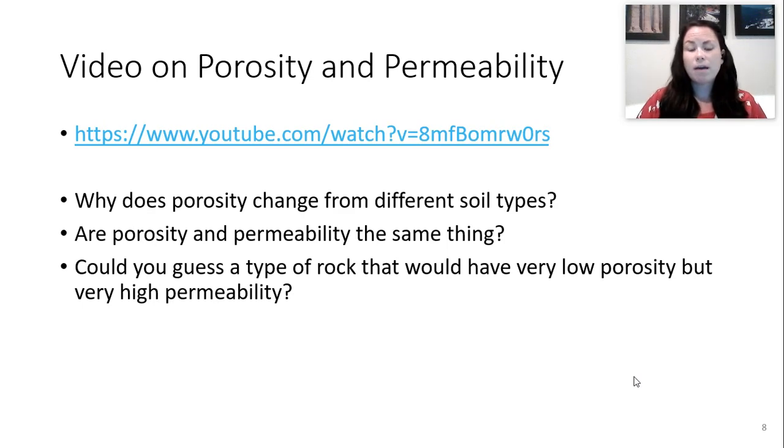So something that would have a lot of permeability but not so much porosity would be a rock that has a lot of natural fractures or a lot of natural joints. The rock itself may not have a lot of flow between the grains, but between different components of the rock there would be fractures or joints. So it's a little bit of a trick question, but that's something to get you thinking about what types of rocks have different porosity and permeabilities.